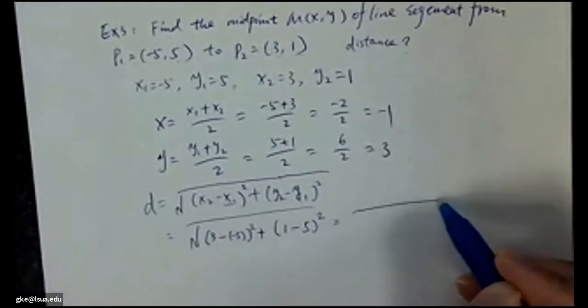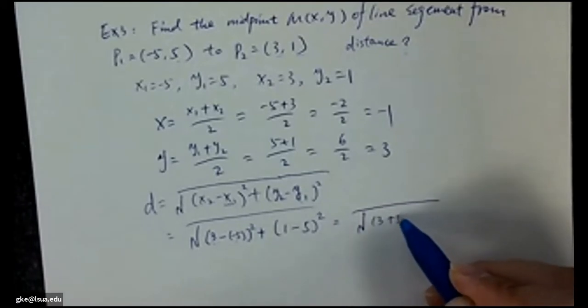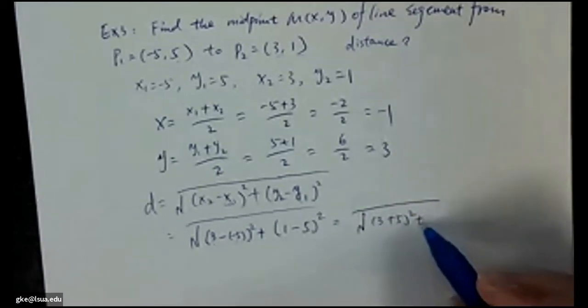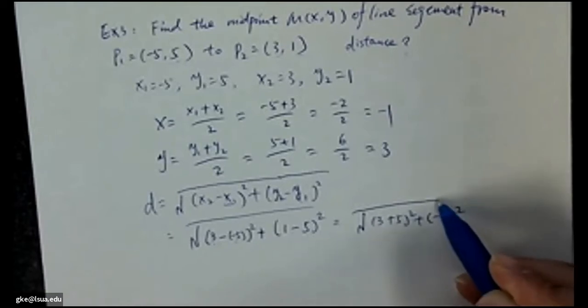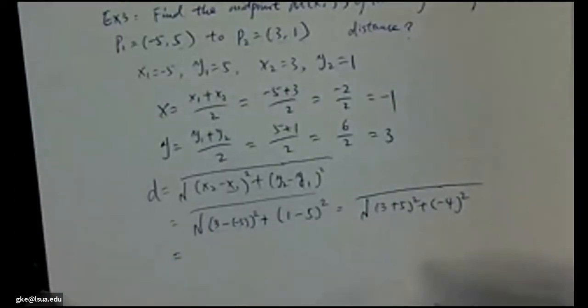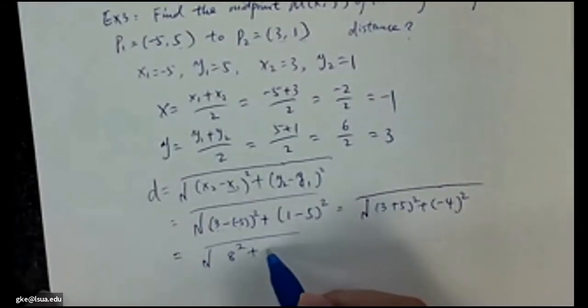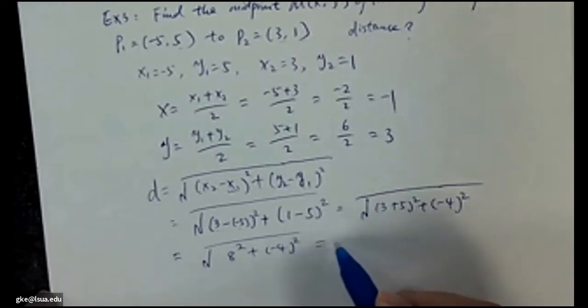And this guy gonna give you 3 plus 5 squared plus -4 squared, and this guy gonna be 8 squared plus -4 squared.